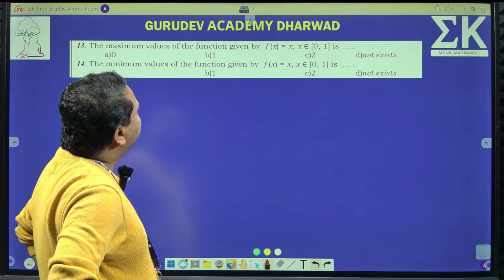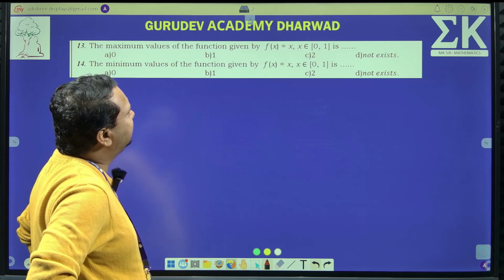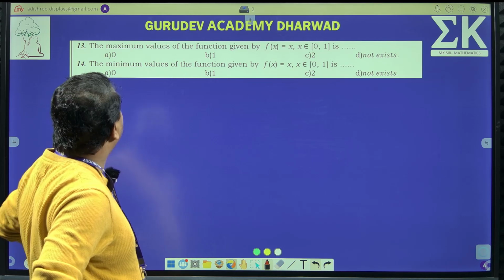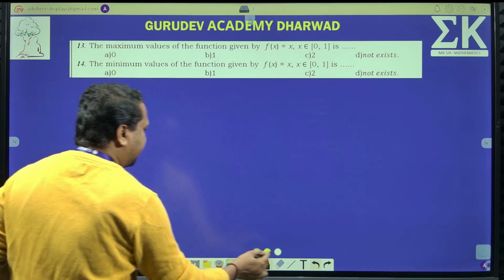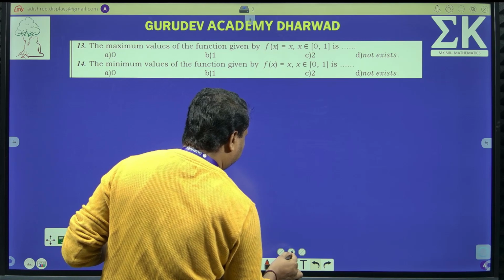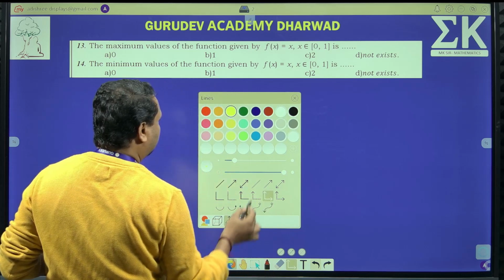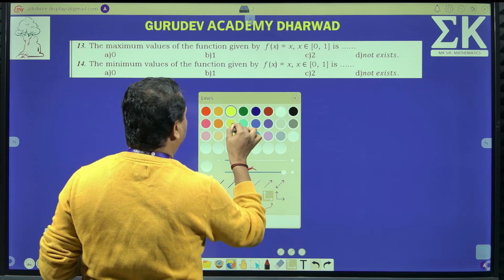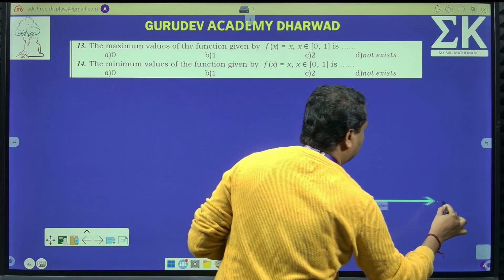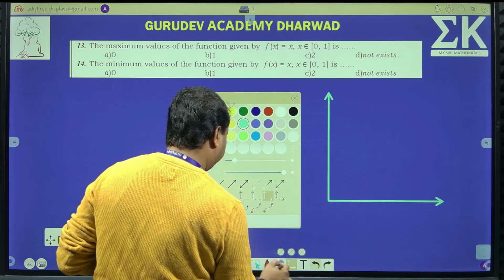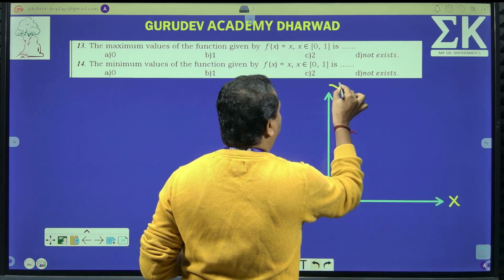The maximum value of the function f of x is equal to x for all x belonging to the closed interval 0 to 1. So the second function, the 13th and 14th question functions are the same, but the questions are different. So again I am taking the help of a graph over here. Dear students, try to understand this. 0, x-axis, y-axis.